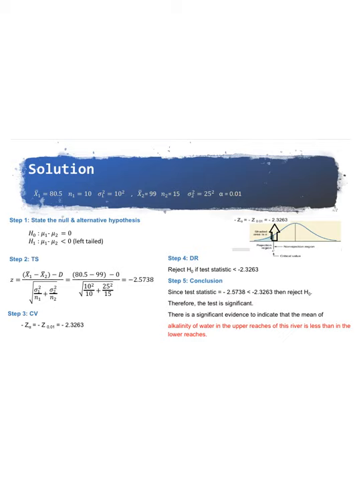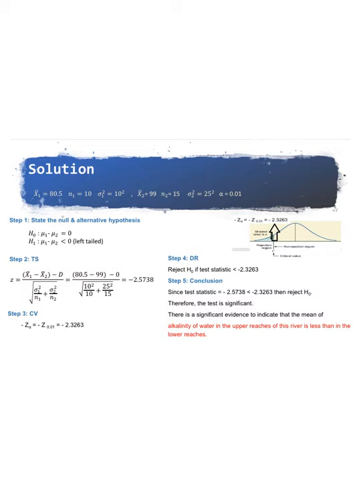Okay, so now kita kena buat 5 steps lah. So step yang pertama, you need to state the null and alternative hypothesis. H0 kita adalah mu1 minus mu2 equals 0, and H1 is mu1 minus mu2 less than 0, because tadi dia kata less than lower, right?